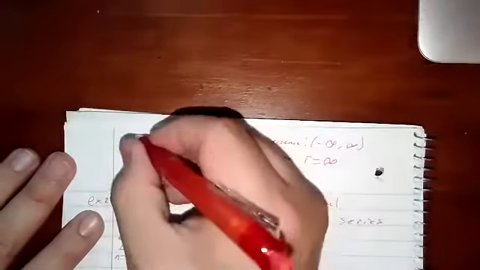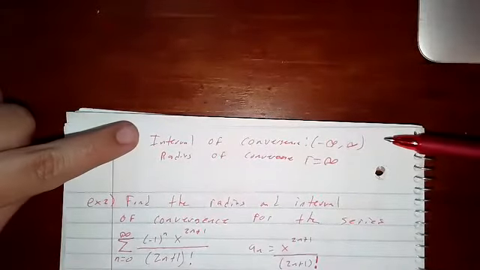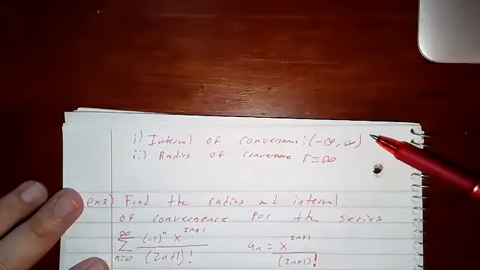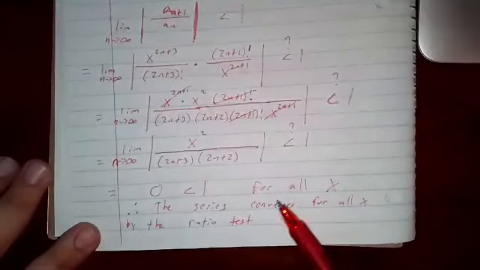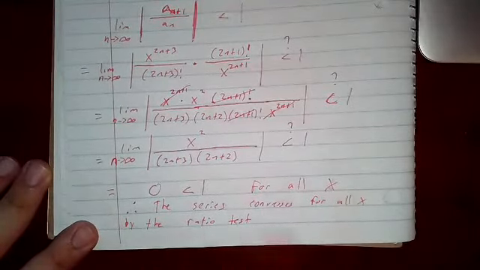So this is how you're going to answer the questions at the very end. I just ran out of space. So part 1 would be something like this, and then 2, you'll write the radius and the interval. And then down here is the overall conclusion.